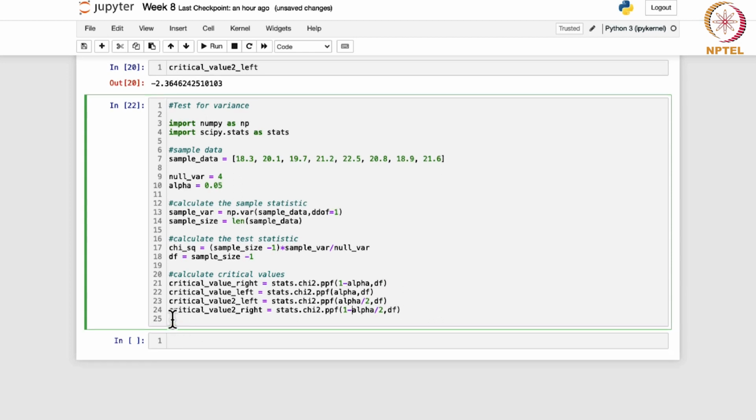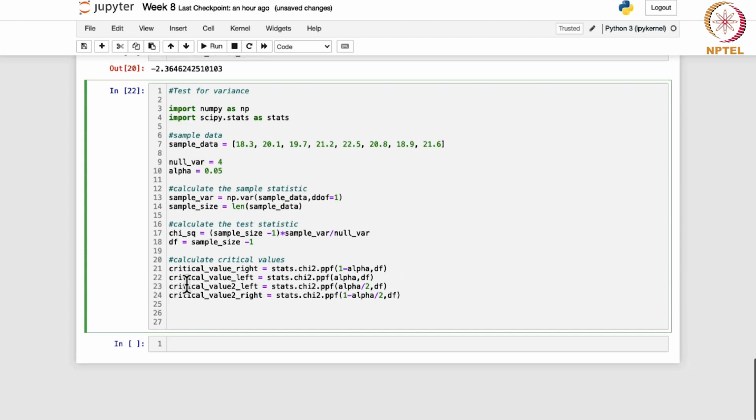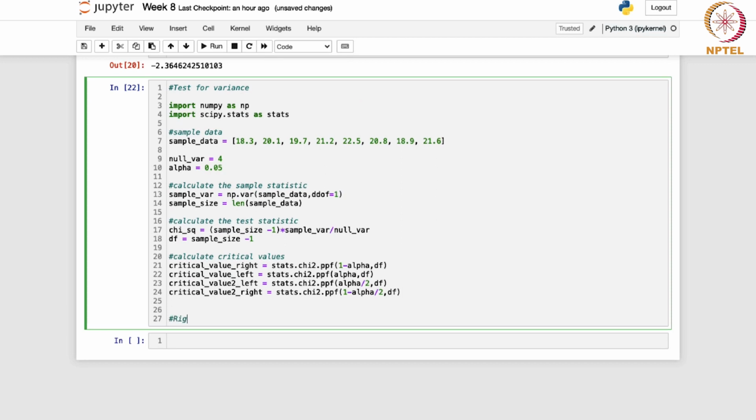Now we can check for different tests. So let us do the right tail test.